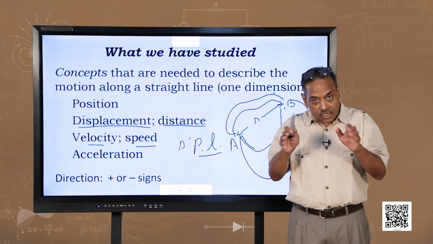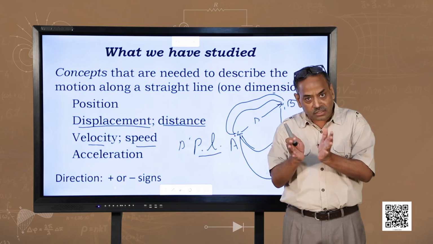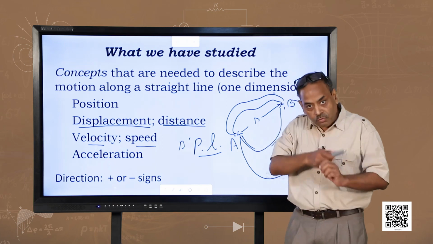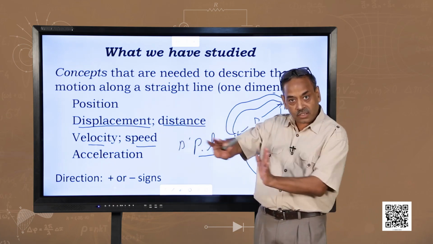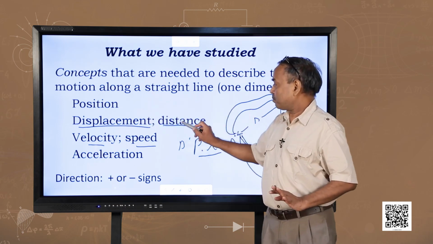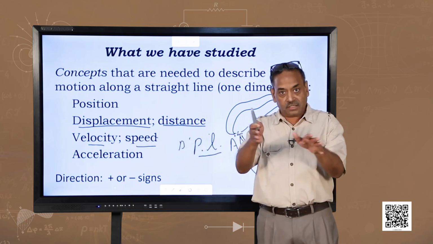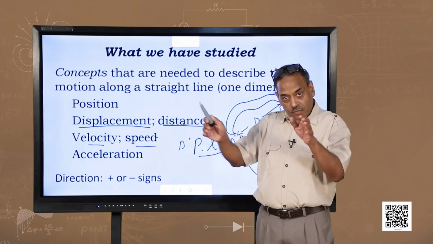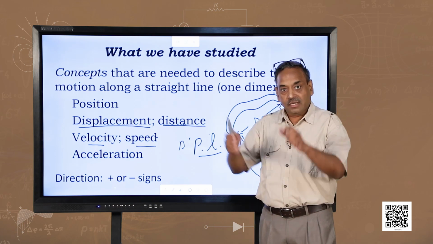While discussing motion in a straight line, you take care of directions by using plus and minus signs. If you are moving in the plus x direction, for example, your motions are positive. All the physical quantities, be it displacement, distance, velocity, speed, acceleration, are taken positive, but when you are moving in the negative direction, in the opposite direction, then you consider them negative.